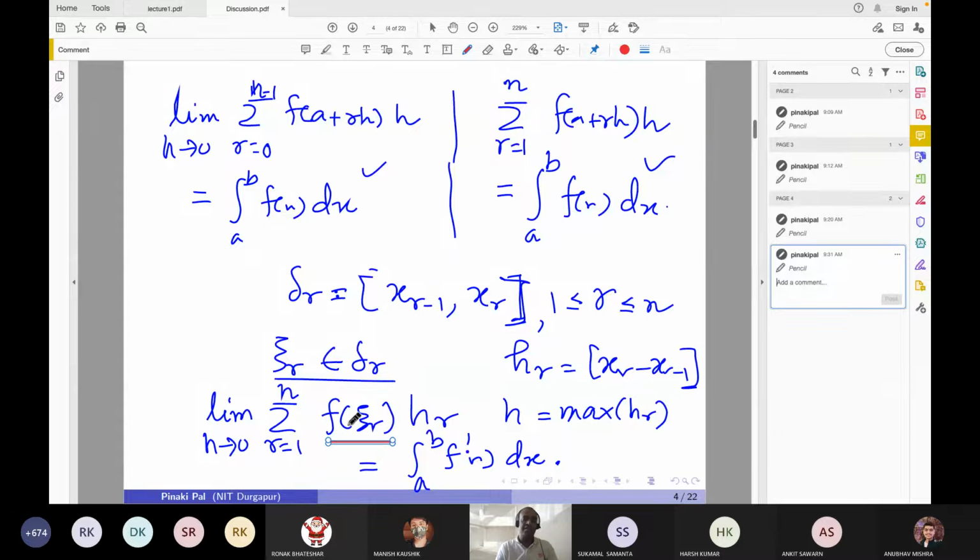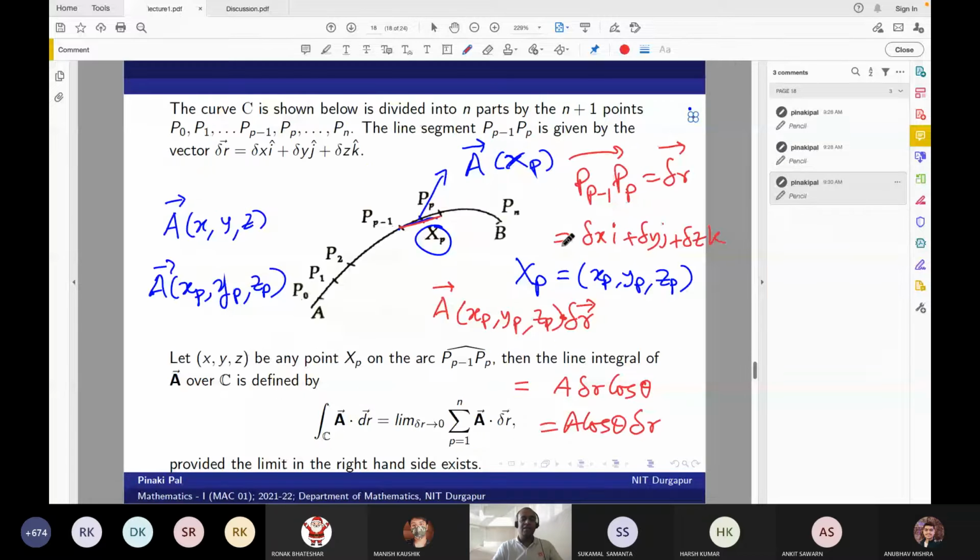This is my integration element, and we take the sum over all such elements from each subinterval, and then we take the limit. If this limit exists, it is called the definite integration. So same idea, only the region of integration has been changed to a curved line in space, and here also we are introducing n minus 1 number of points, and eventually we will make n tend to infinity.